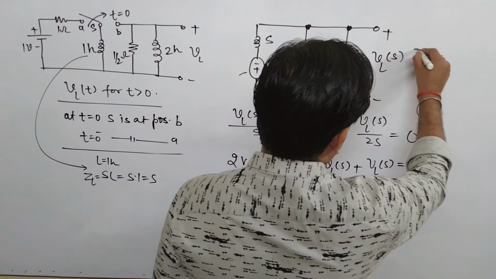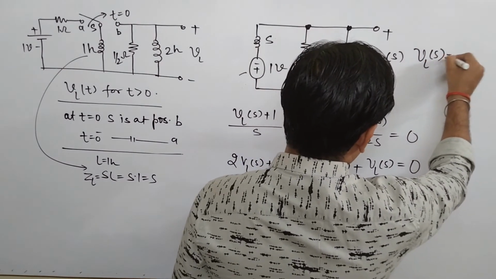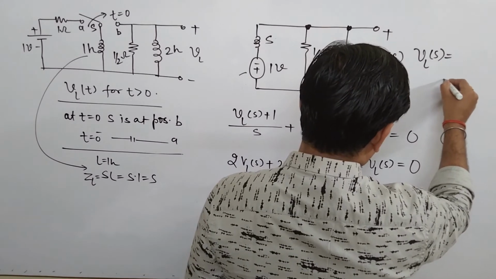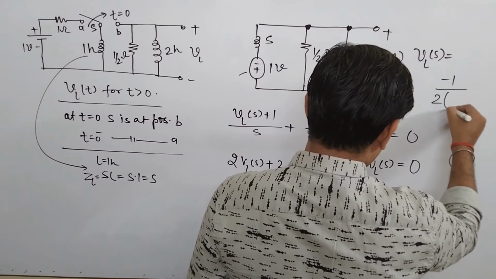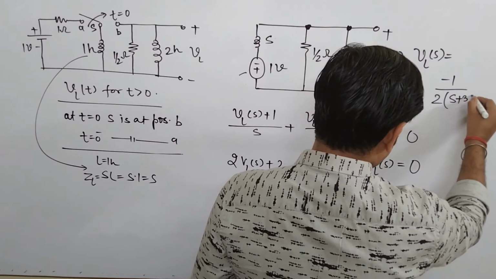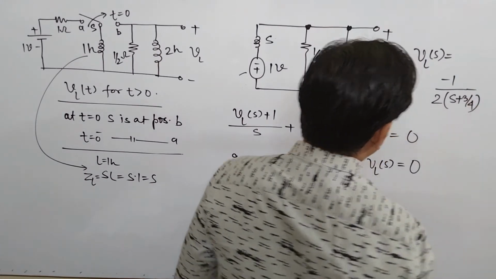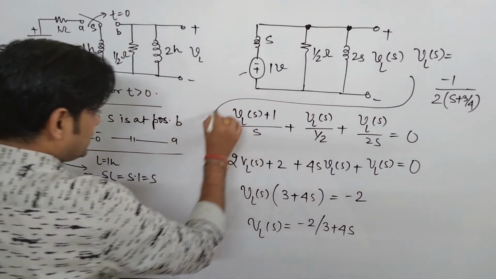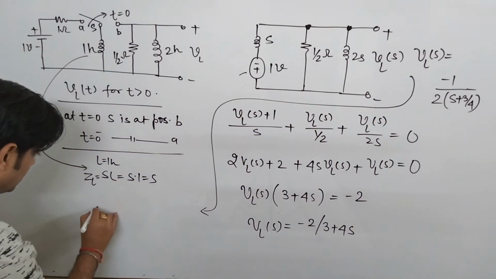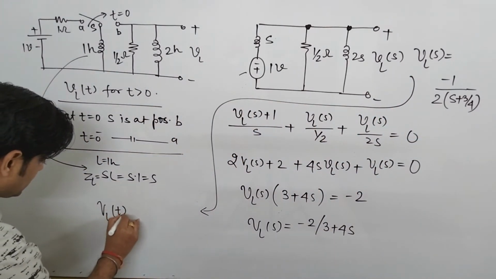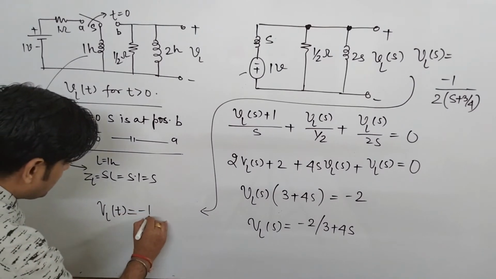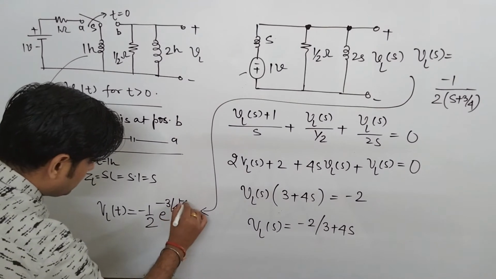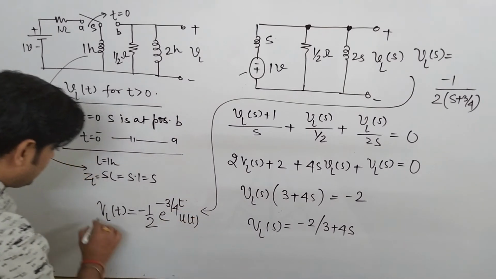If you solve it and take 4S common, VLS is equal to minus 1 by 2 into 1 by S plus 3 by 4. So if you take the inverse Laplace transform, VLT comes to be minus 1 by 2 e to the power minus 3 by 4 t, ut, very important.